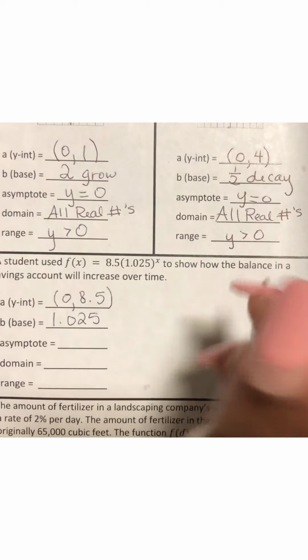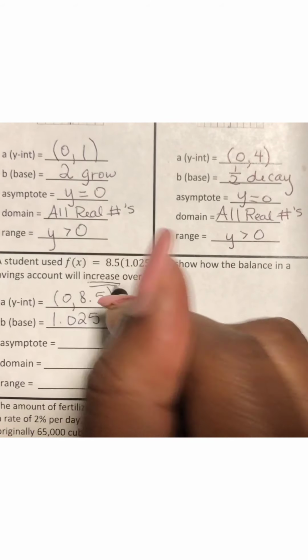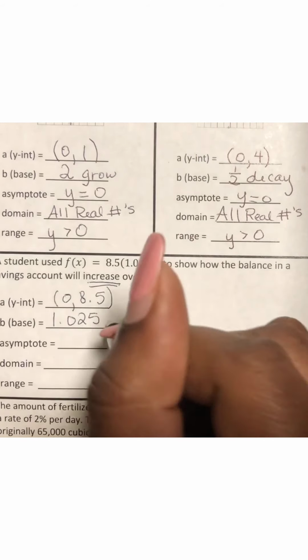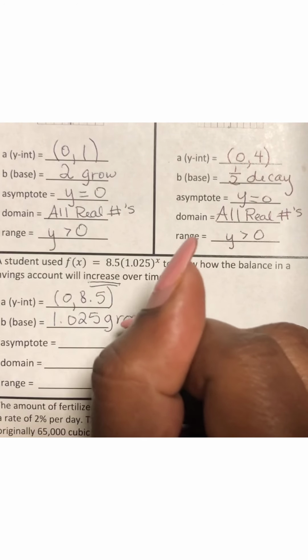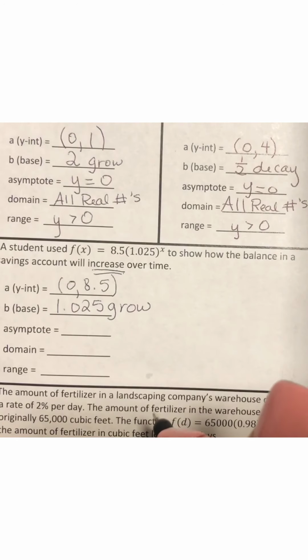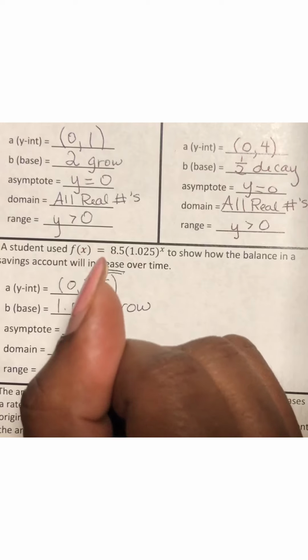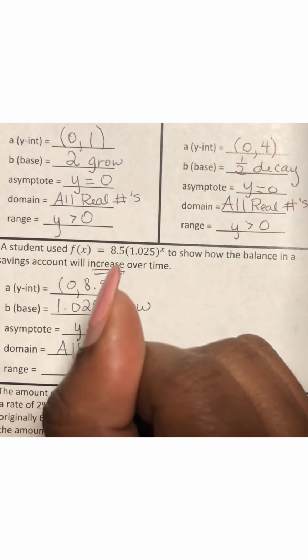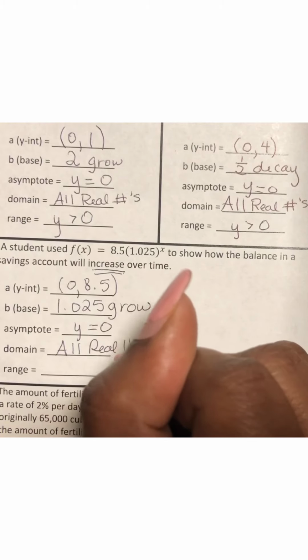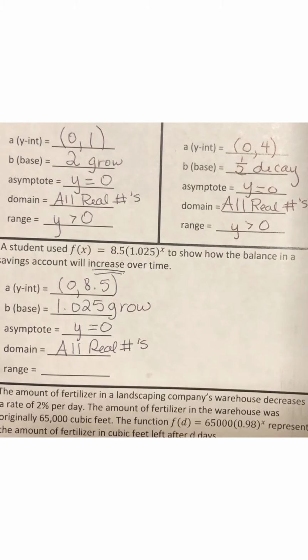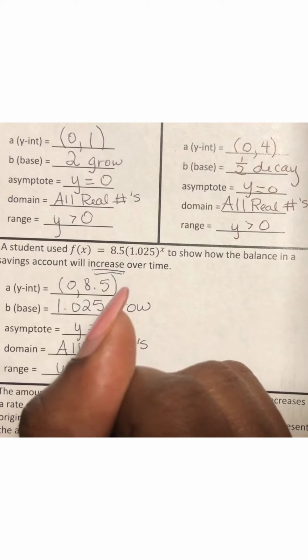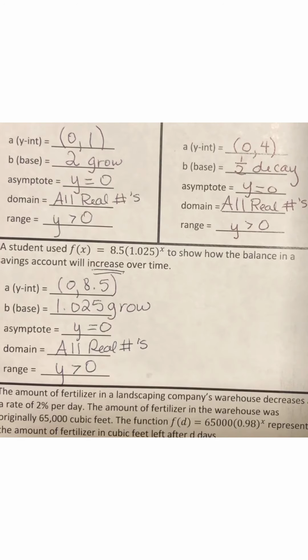It's greater than 1, and we see that it will increase over time, so that means that my function is growing. The asymptote is at y equals 0. Our domain is all real numbers. And our range is y is greater than 0.